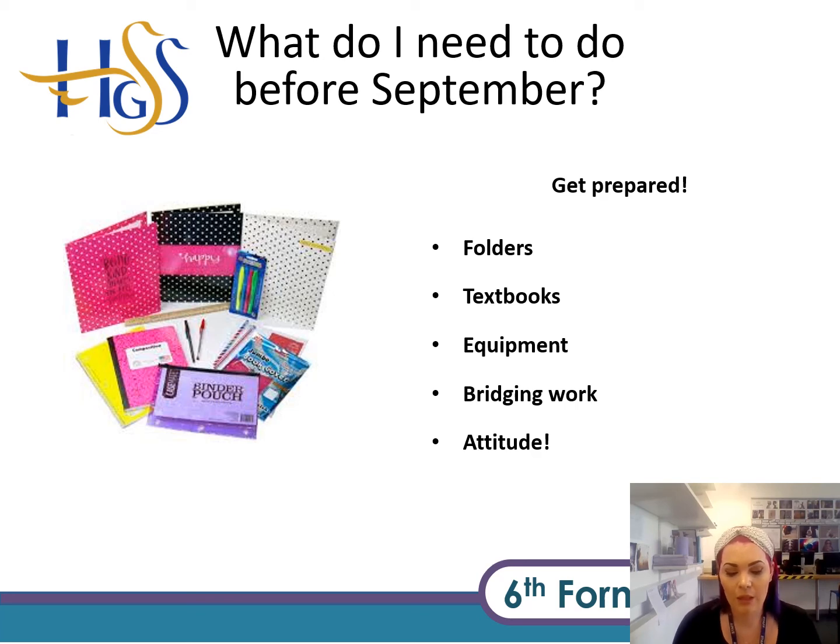Bridging work, so you've been set bridging work for both Germany and for the Tudors. The Tudors starts with an overview of the War of the Roses, so you've got some context to what Henry was facing when he was trying to become king, and then there's a link to a documentary that I'd like you to watch with some worksheets.